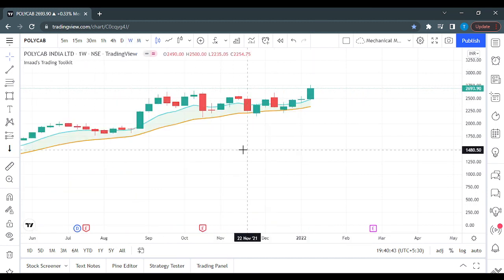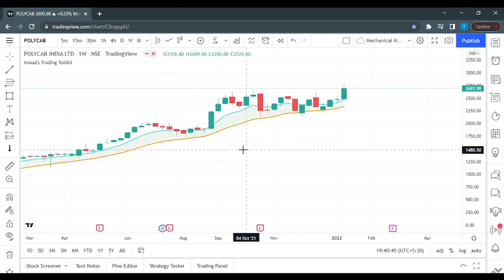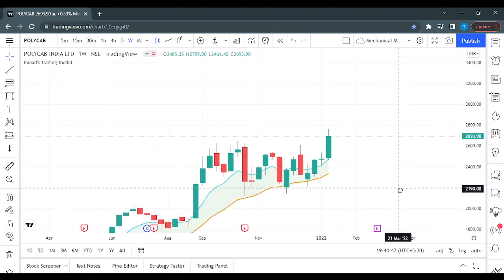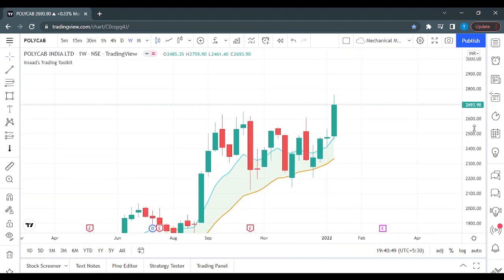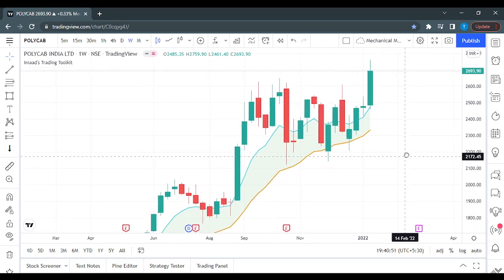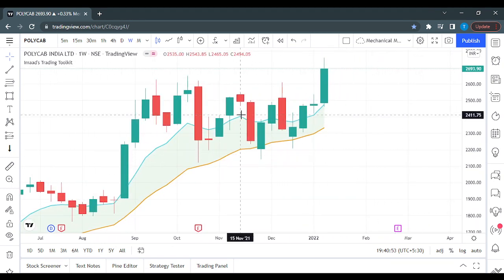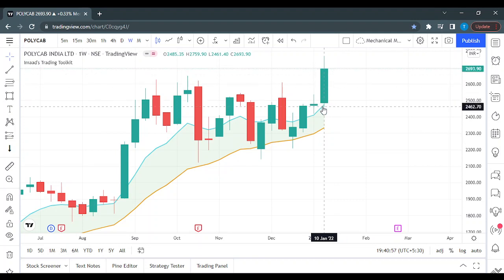On the weekly time frame, we're going to do the same thing, just simple. We're going to carry forward the 80 EMA and the 20 EMA, and on the weekly time frame, we're just going to analyze one simple thing. Is the current closing price above the 80 EMA? And is the 80 EMA above the 20 EMA?